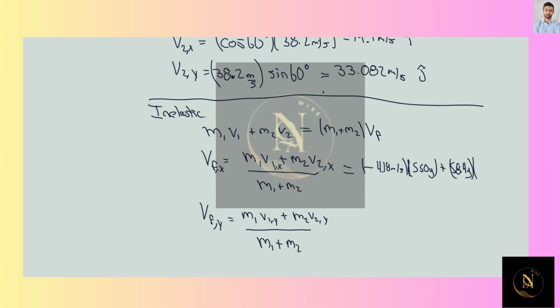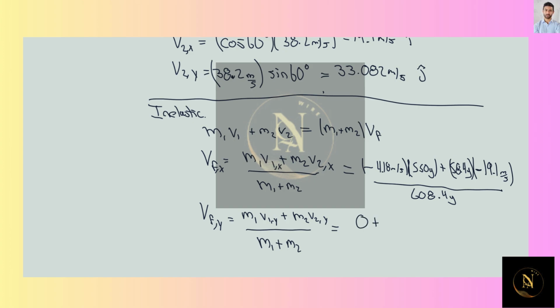times the velocity. In this case, it's also going to be negative 19.1 meters per second, divided by the sum of the masses, which is going to give us 608.4 grams. We're going to do exactly the same procedure with the final velocity on the y-axis, but now notice that the velocity 1 on y is going to be equal to 0.